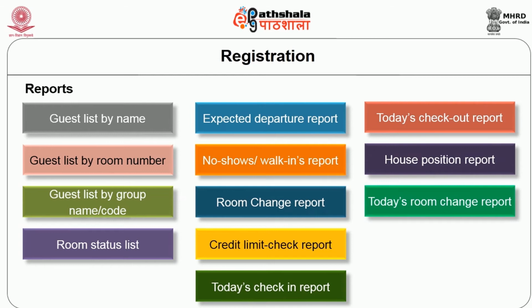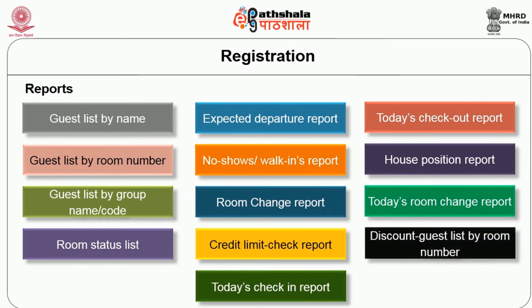Next is today's room change report. The room change report records all the details for a period of time, but today's room change report records only whoever has asked for a change today. That report is given here.